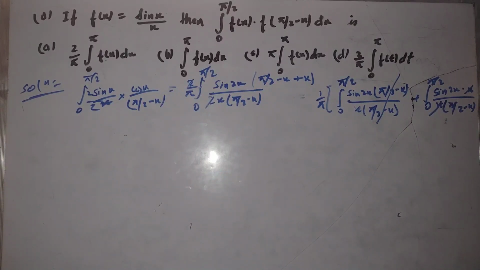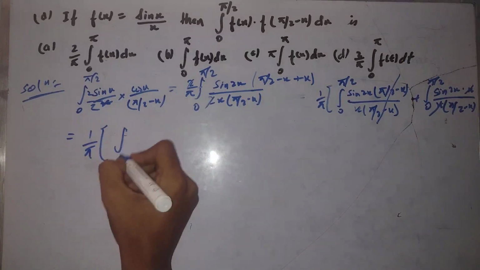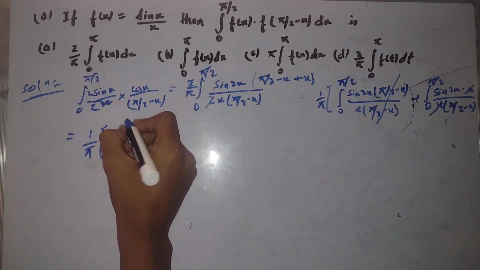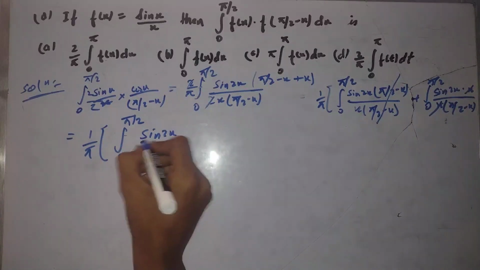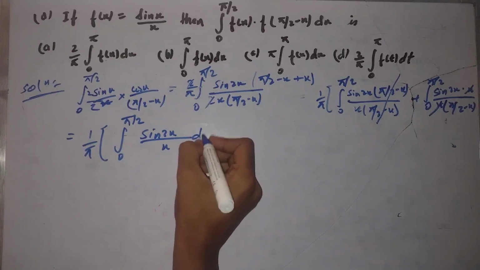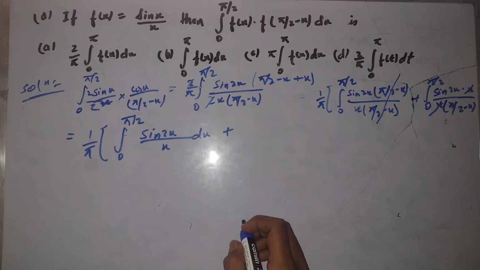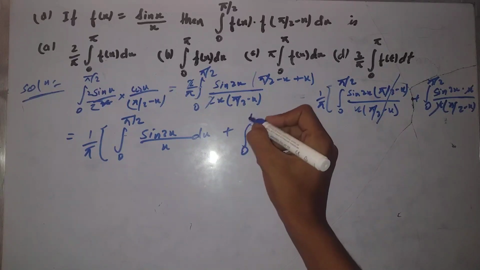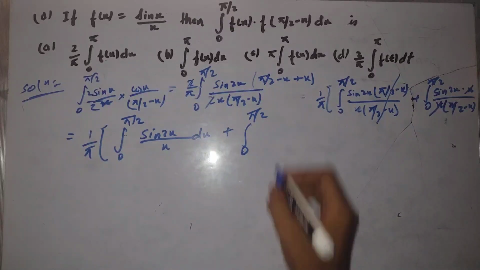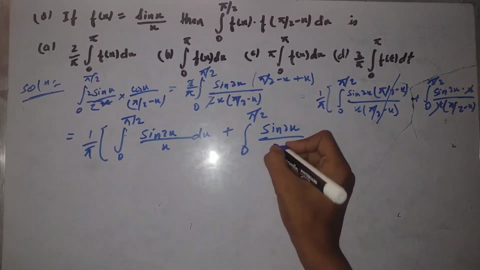So we can write this as 1 by pi integral 0 to pi by 2 of sin 2x upon x dx, plus the integral 0 to pi by 2 of sin 2x upon pi by 2 minus x.